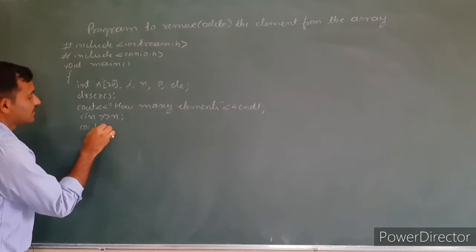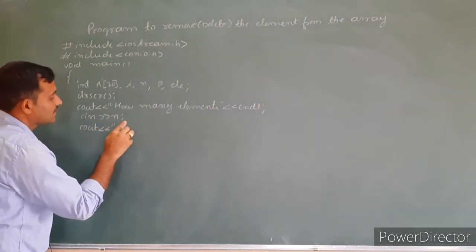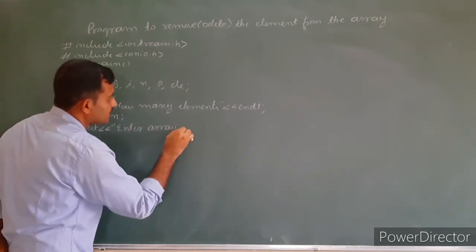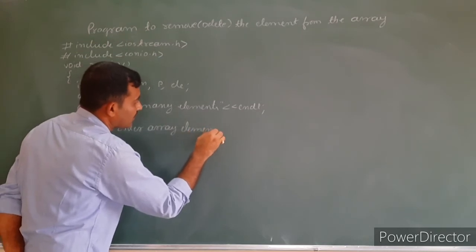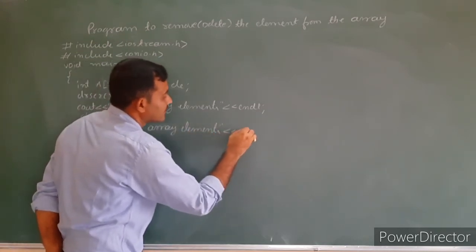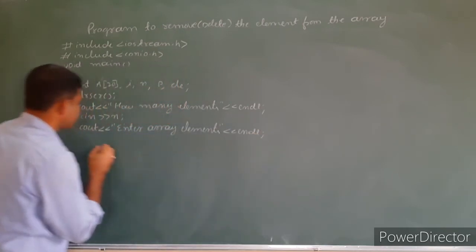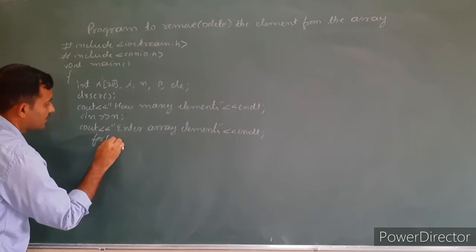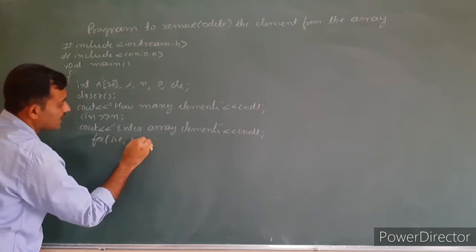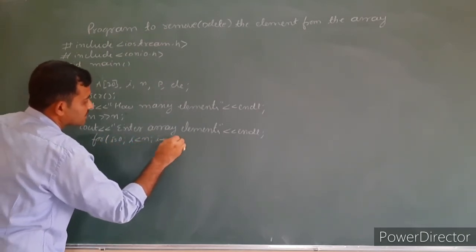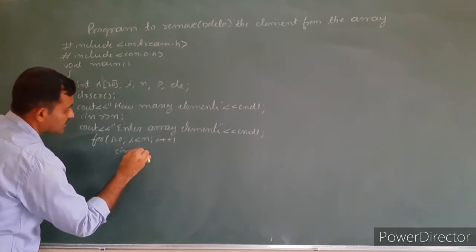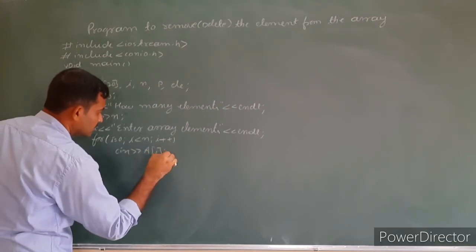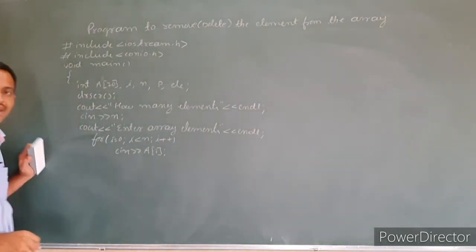After that, insert one statement: enter array elements. To read the array elements, for i equals 0, i less than n, i plus plus, cin extraction a of i. So, read the array elements.